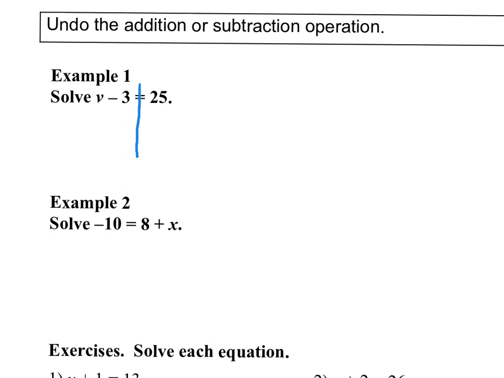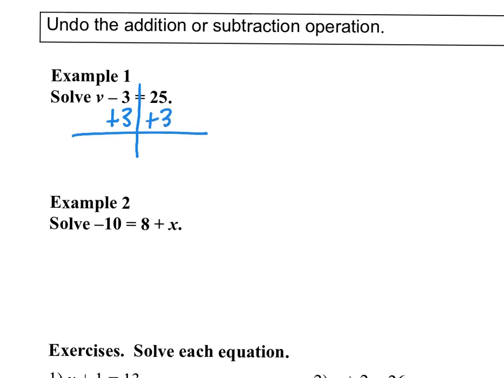So I have to do the opposite of what's happening. It's subtracting 3, so to move it away, I would do the opposite, which would be add 3. What I do to one side, I've got to do to the other. What I give to one kid, I've got to give to the other. Then I draw my line there.